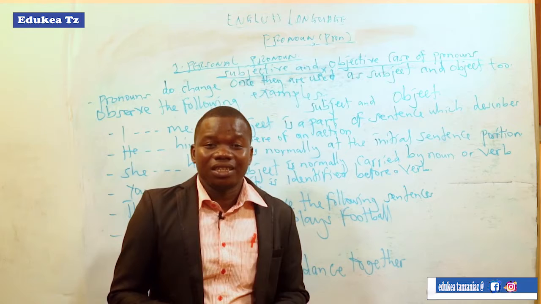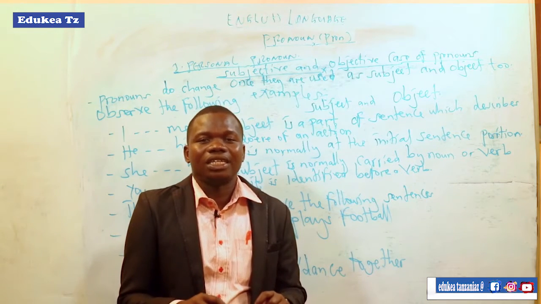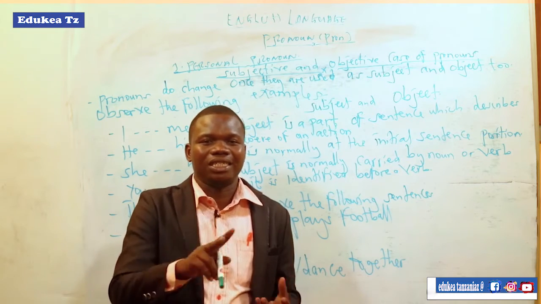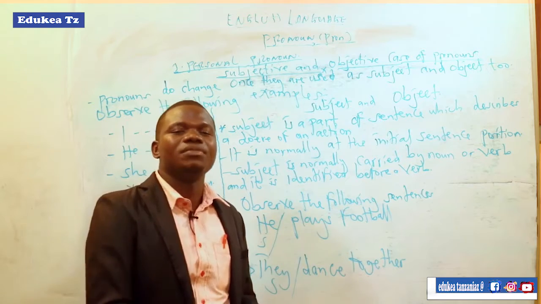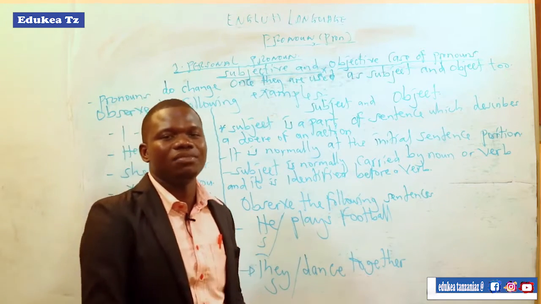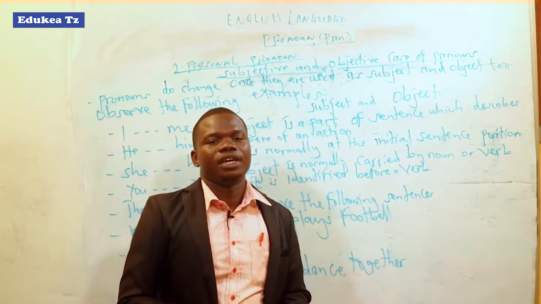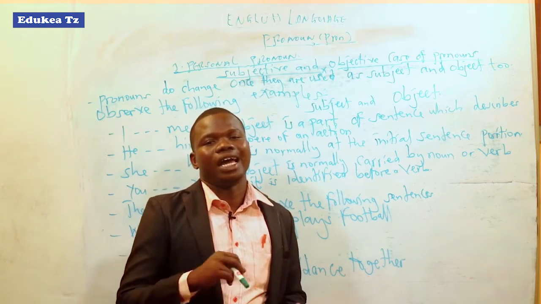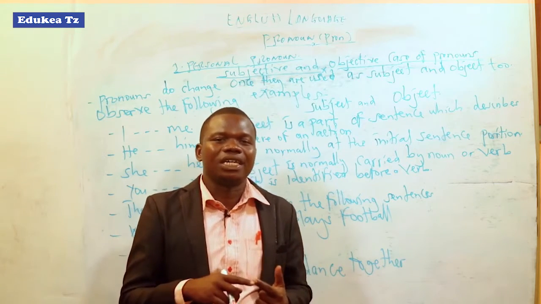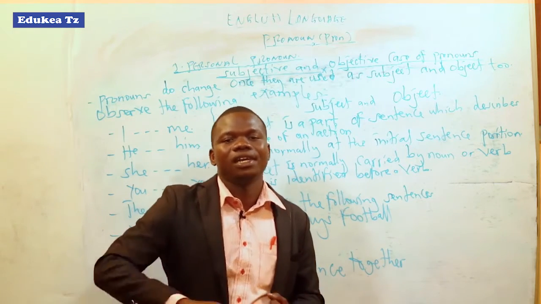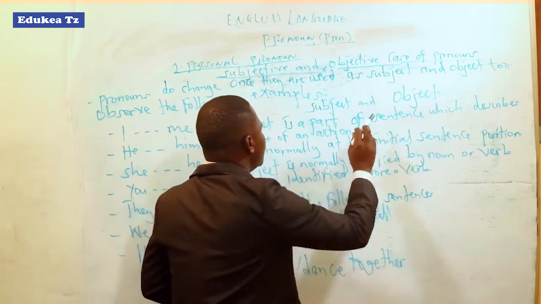A sentence is called a sentence since it has two parts, that is subject and object, or subject and verb form, or subject and complement. In Kiswahili we term them kiima na kiarifu. So any sentence, in order to be called a sentence, must have kiima and kiarifu, which are subject and object.